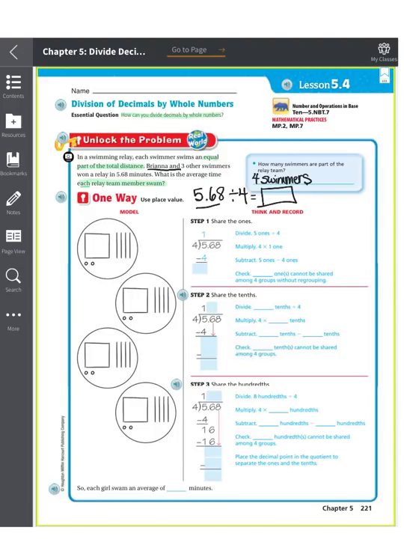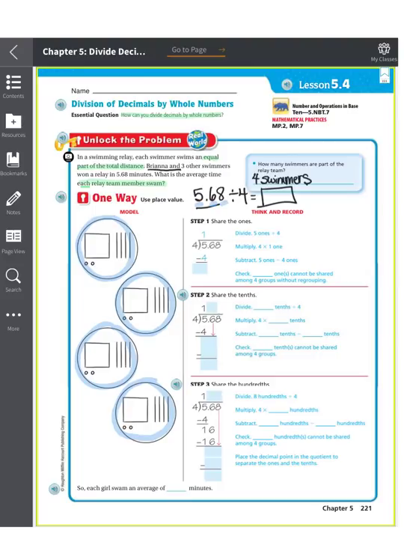So you can use the place value model. You can use the blocks if you want to, where you would draw out 4 circles, and then you would model out 5 ones, 6 tenths, and 8 hundredths. That would take a long time, but if you prefer that way, you can do it that way.